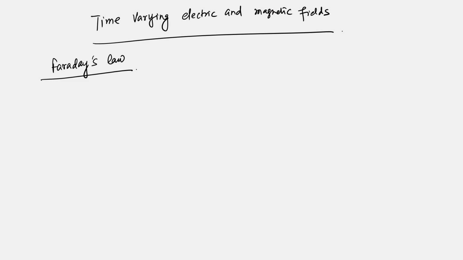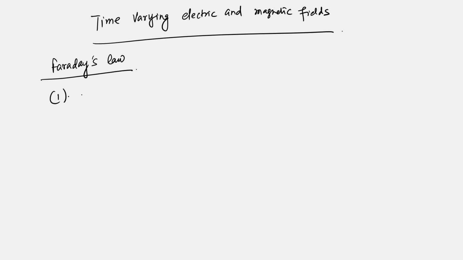And the first work was started by Faraday, stated in the form of Faraday's law, who saw for the first time the behavior of currents placed in time varying magnetic fields. And what was the observation?